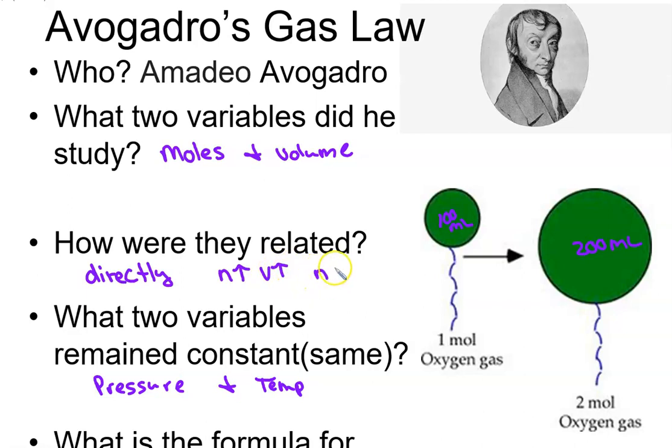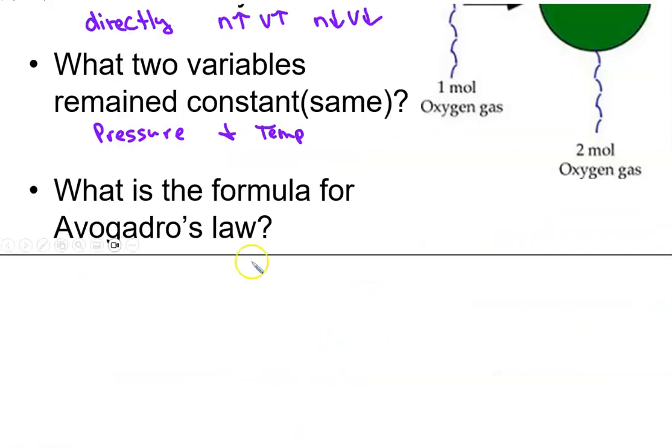And if your moles go down, your volume is also going to go down. Perfect sense. So his law looks like this: V1 over N1 equals V2 over N2. Very easy, but these do require a little bit of reading comprehension.